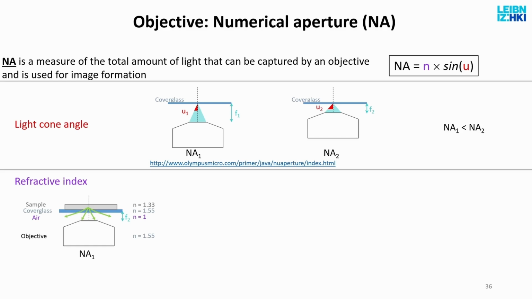Not much, because even if I'm fairly close, a lot of the light will go at a refractive angle that's above reaching the lens. But what if I put a drop of oil there? I suddenly get a lot more light into the lens.